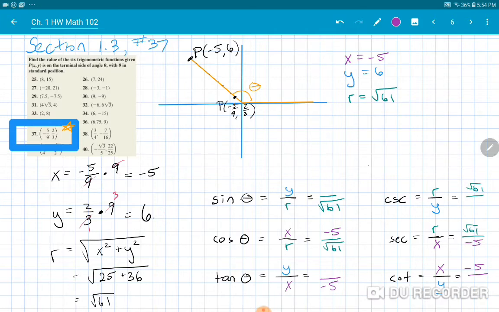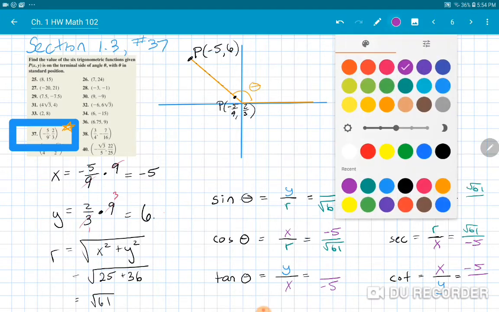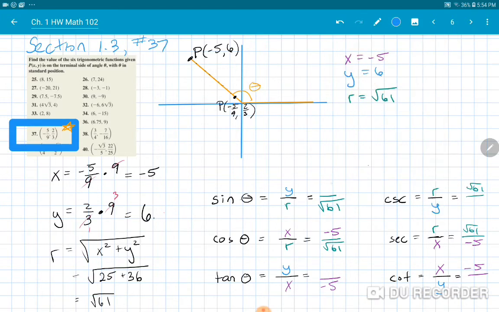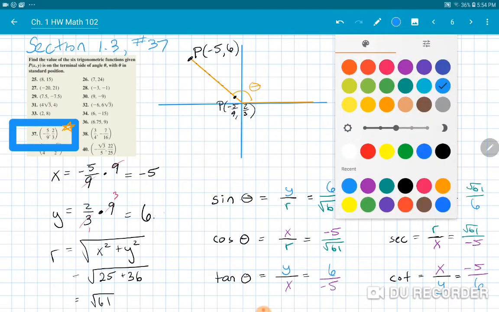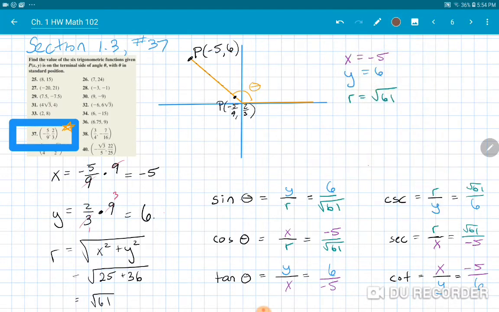And then my y's. That looks pretty good. I'm going to take it one step further to simplify it.